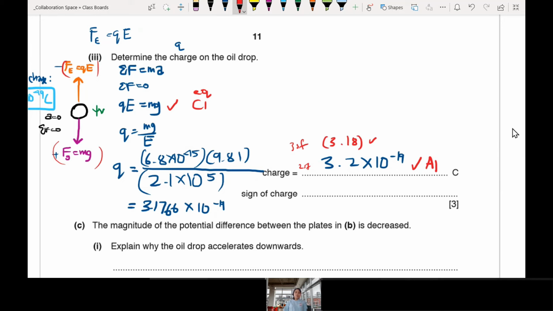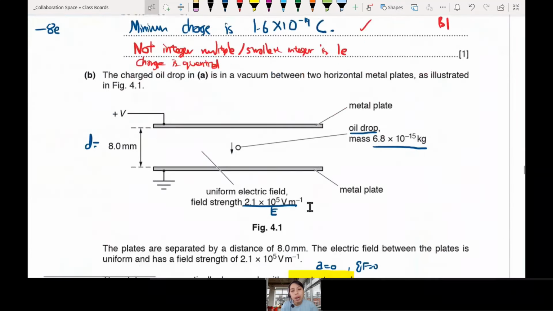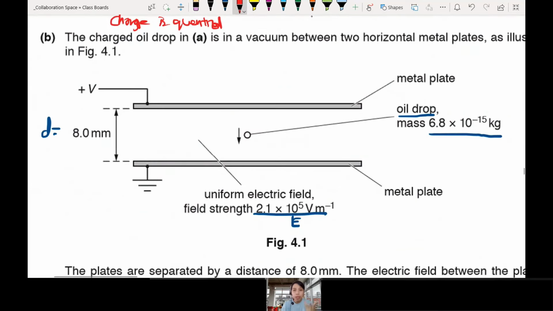Now the final one. What is the sign of this charge? We have to go back to the diagram to determine what the sign is. So we know that in order to counter weight, you must have some kind of force pointing upwards. If not, you cannot. So this force points up, and there's a weight pointing down.